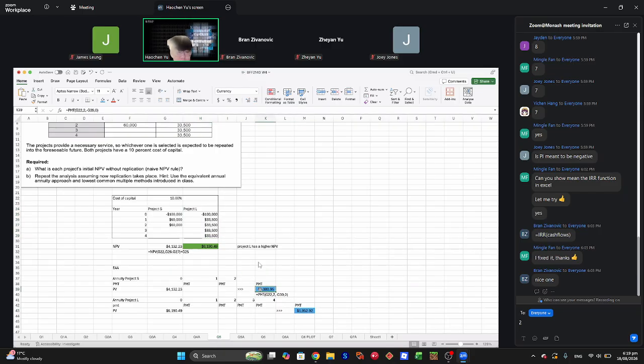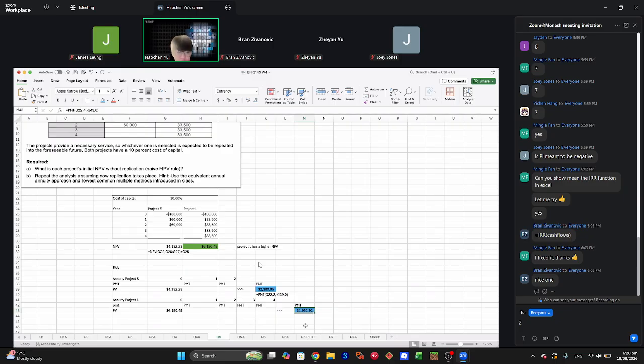If you invest in project S, it means every year you're going to receive 2,380 as the payment. But if you invest in project L, you can only receive less than 2,000 every year. So now this becomes a fair comparison. This is the key idea of EAA.